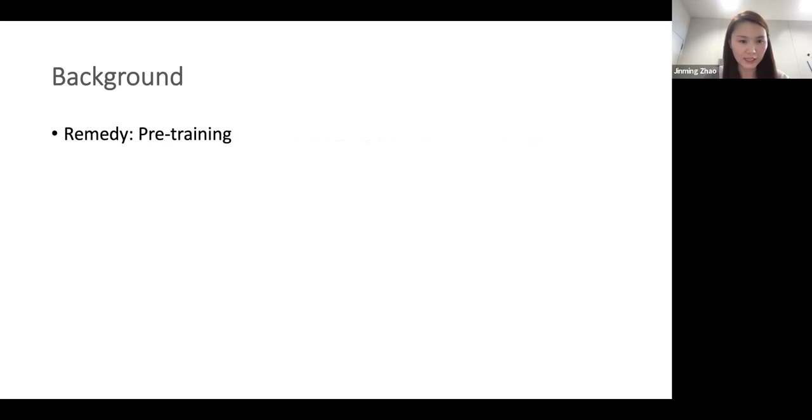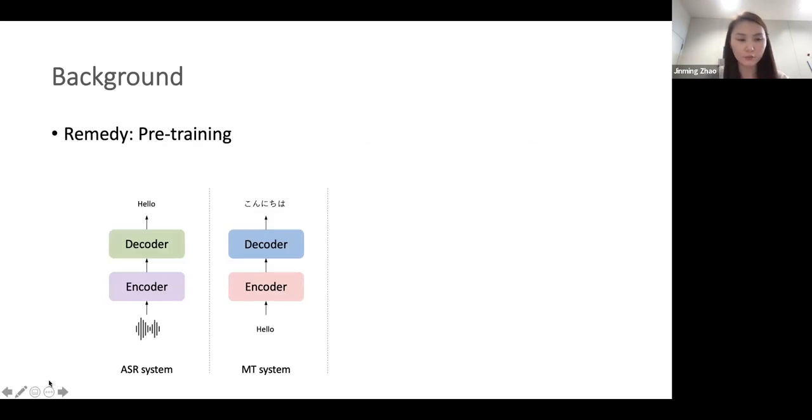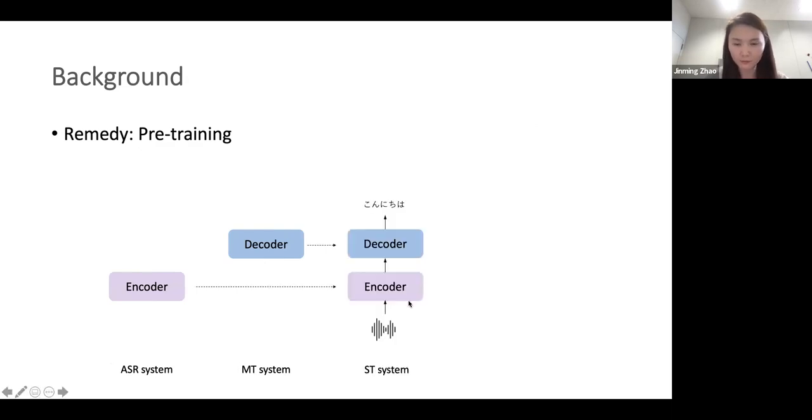Concretely, the idea is to pre-train an ASR system and an MT system with the available ASR data and MT data respectively. Then practitioners initialize a speech translation system with the pre-trained ASR encoder and the pre-trained text decoder.